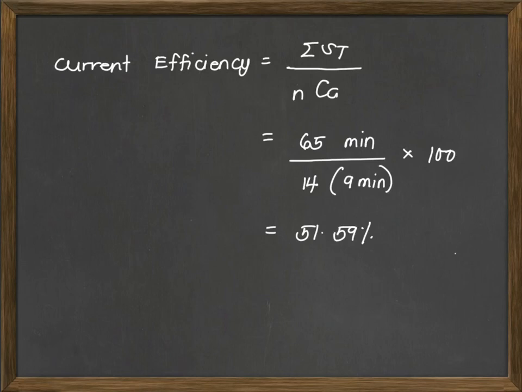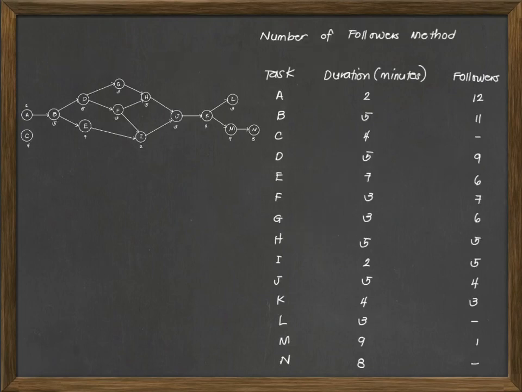So now that we know the current efficiency of the line, we can proceed with our method of the number of followers. On this slide, you can see the different tasks along with their duration in minutes, and the third column is the number of followers.